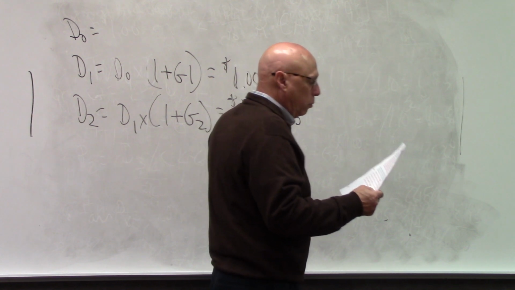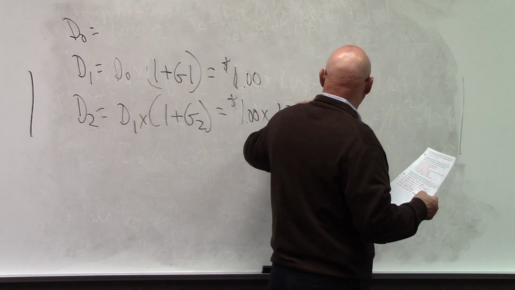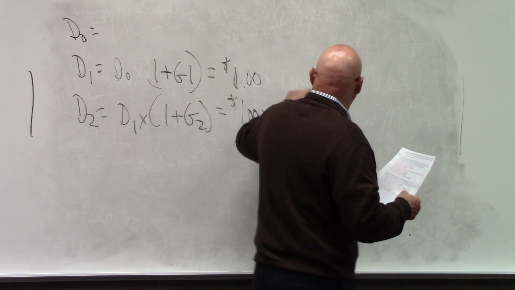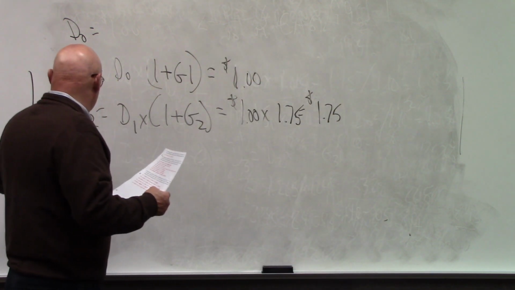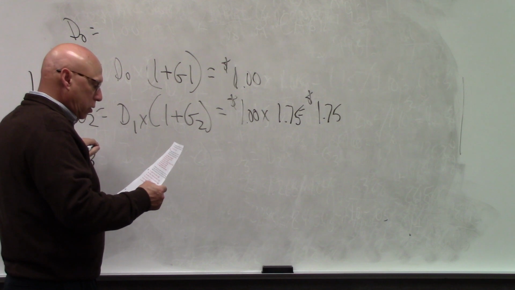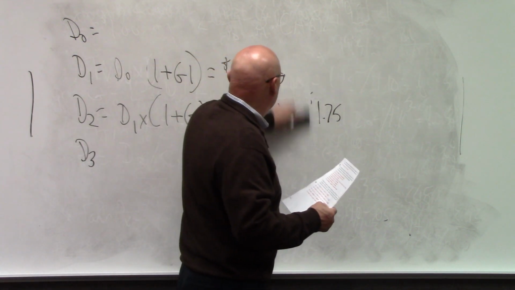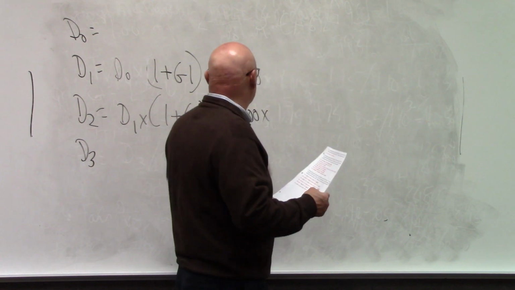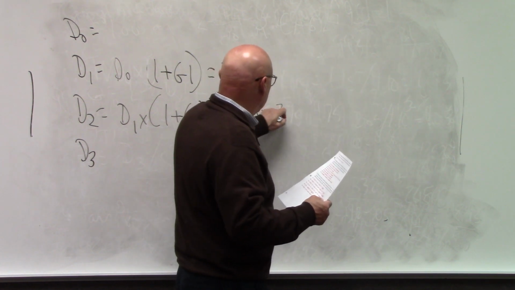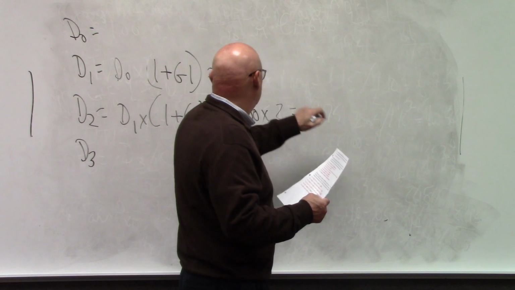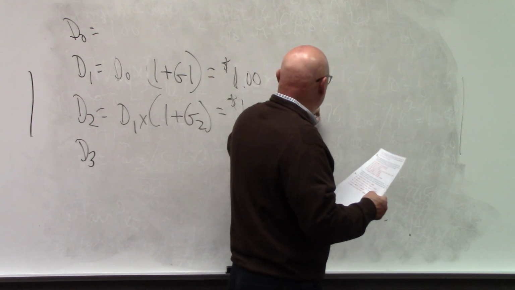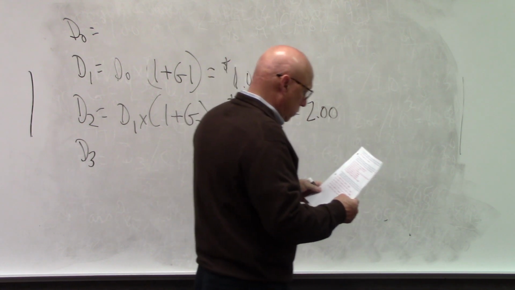So $1 times 1.75, and that's $1.75. I'm sorry, it's 100% growth in the first year, so we'll multiply it by 2, and that is $2. There we go.